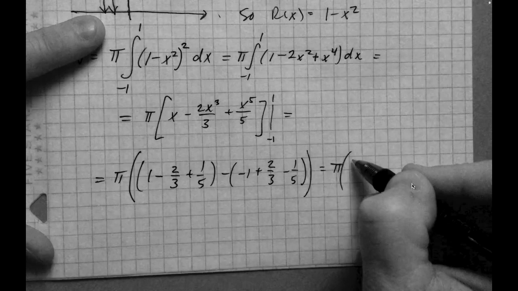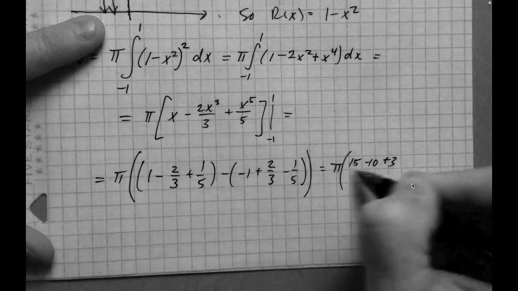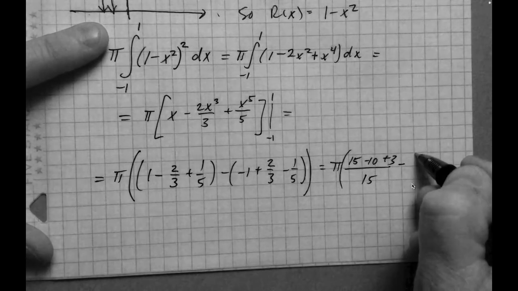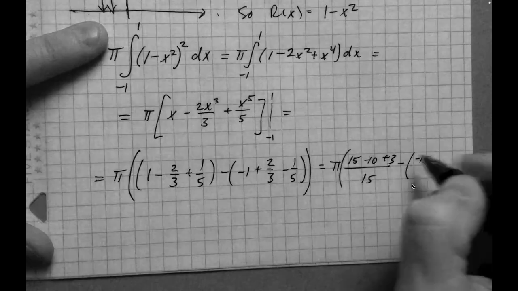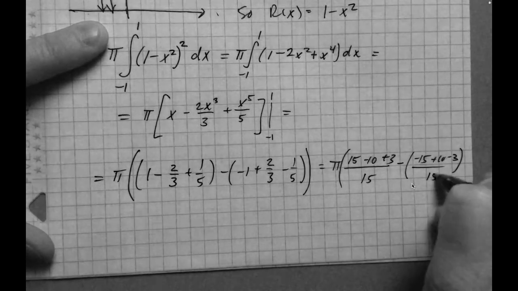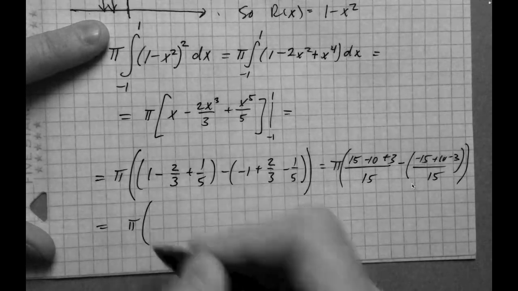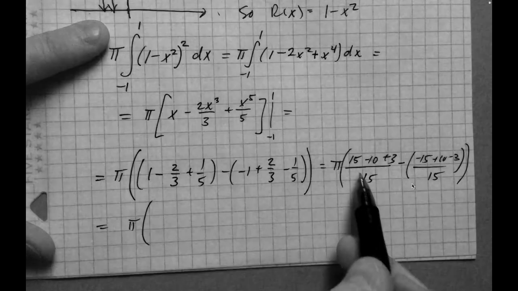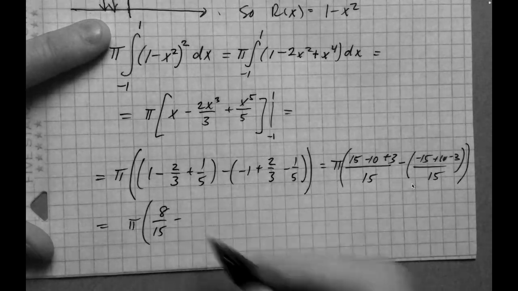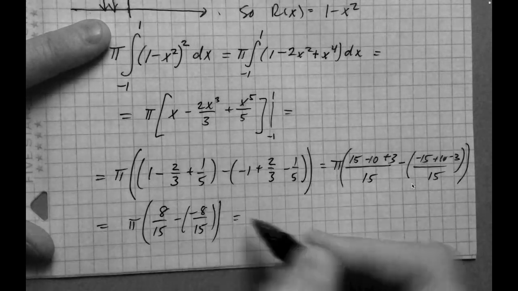So this would be 15 minus 10 plus 3 over 15, and then minus -15 plus 10 minus 3 over 15, right? And so you get pi times 8/15 minus -8/15, right?